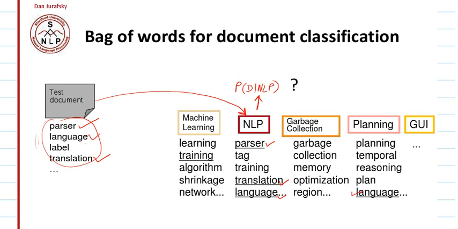This language is also present with planning. So this P of document given planning may also be some value, but it may not be as high as for this document, because collectively all these word probabilities will be high, as 3 words are matching.